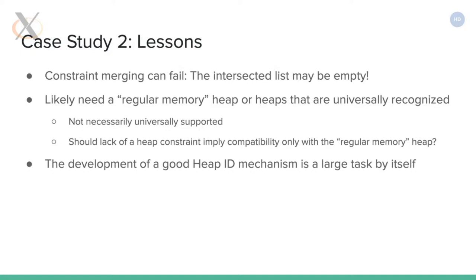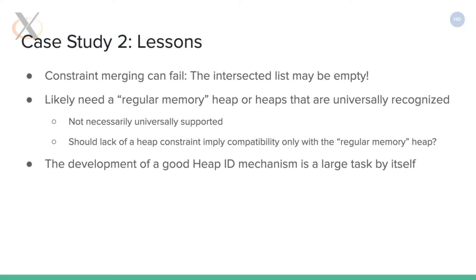Yeah, so lots of things still to be discussed. Another thing we can see about this is that merging two constraint sets can fail, because one device may say, I want local video memory to my device, and another device may say, I want local video memory for me, and then it doesn't work if we intersect both of them.